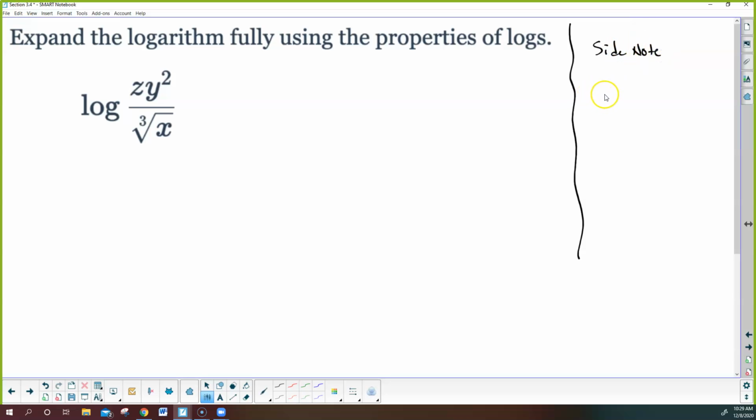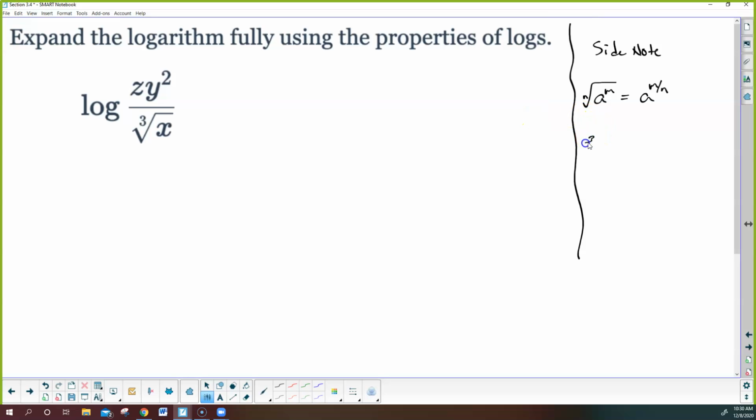A little bit of a side note. We're going to need this property from before, but remember, if I have the nth root of a to the m, that can be written as a to the m over n. This was our radical form into our rational form. And you have to know that to do well here.